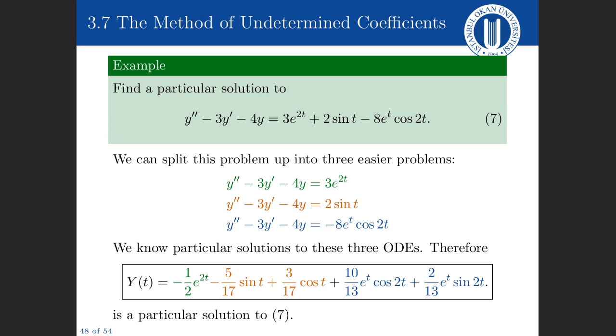Using the previous theorem, therefore, we can just add them together. A particular solution to equation 7 is given by this long function. We have this green function, which is a particular solution to the green differential equation, and then plus the orange function, which is a particular solution to the orange differential equation, and then plus this blue function, which we've just seen as a particular solution to this blue differential equation.